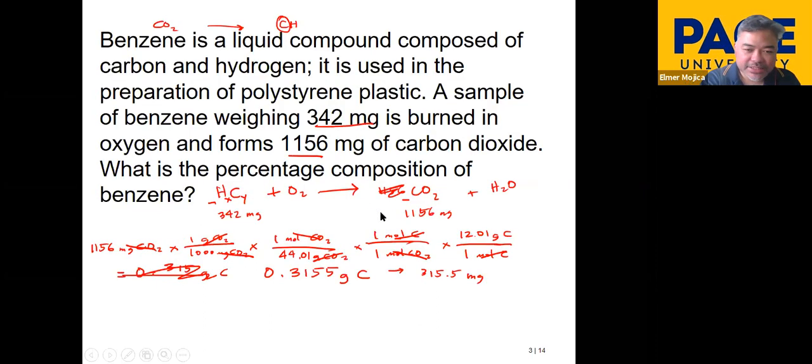So what's the given mass? 342. So you're going to subtract 315.5, because that's the milligrams of your carbon. So this is your hydrocarbon. The difference that you have there, that's the milligrams of your hydrogen. So what do you get? 342 minus 315.5. So you have 26.5 milligrams.